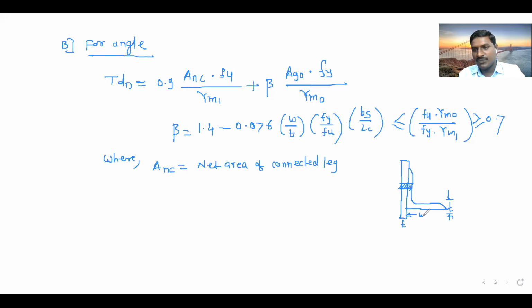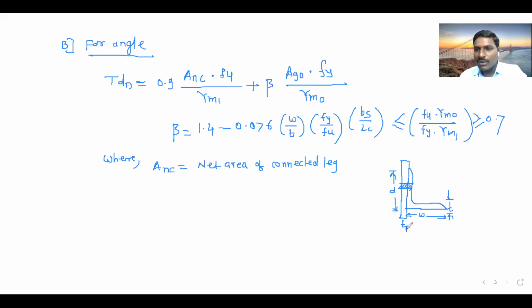This is your width W. This is your depth of angle. This is the thickness of plate and this is the thickness of angle. TP is written for thickness of plate and only T is written for thickness of angle.